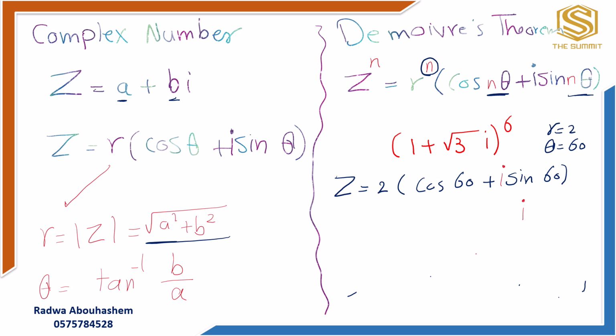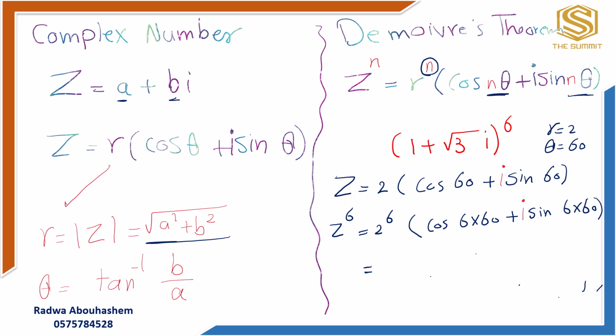Now I need to apply De Moivre's theorem on it because they said it's power 6. So it would be 2 power 6 cosine 6 times 60 plus sine 6 times 60. Six times 60 equals 360.